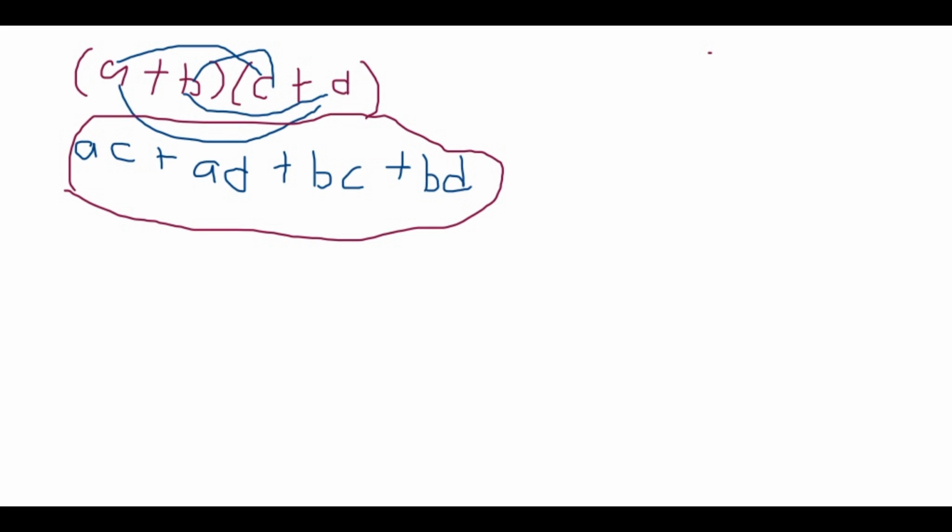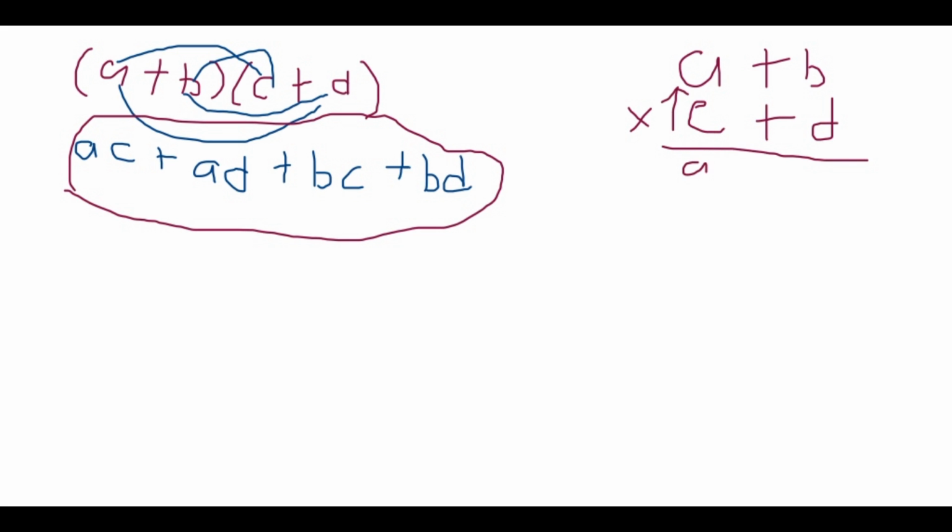So now if we use the long multiplication method, we have a plus b and c plus d. If we multiply this, a times c is ac, c times b is bc.